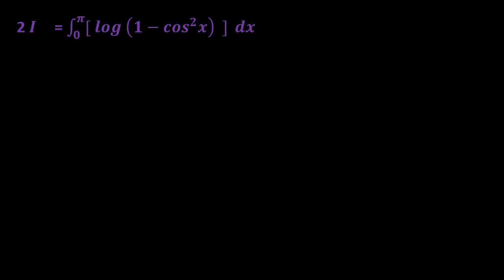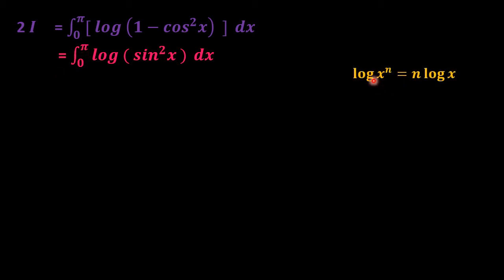Now here we use another formula: sin square x plus cos square x is 1. This 1 minus cos square x we can replace by sin square x. And another formula of log is used here, this power, because of this log, we can write in front, where the formula is log x to the power n equals n log x.